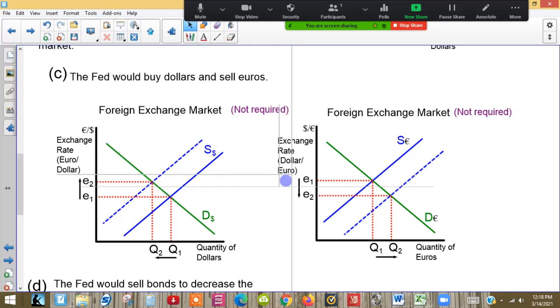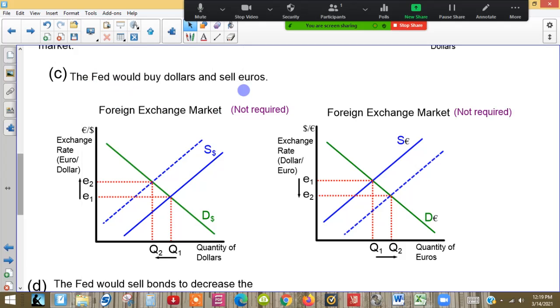And so if the euro is becoming less valuable compared to the dollar, it means that the dollar has to be becoming more valuable against the euro. So when the euro depreciates, the dollar has to be appreciating. Okay, so this is why the answer is what it is.